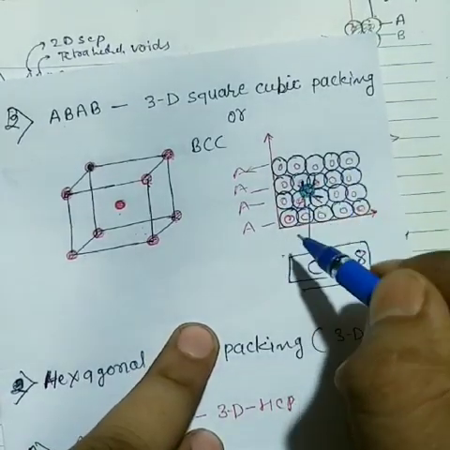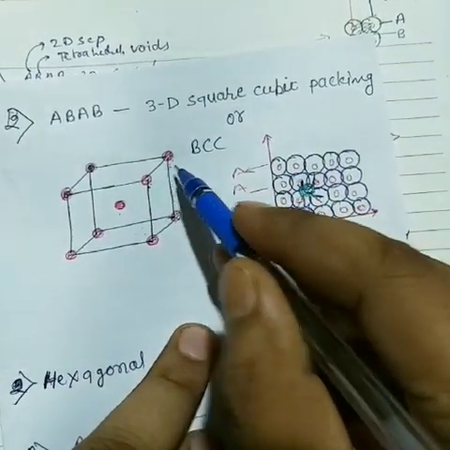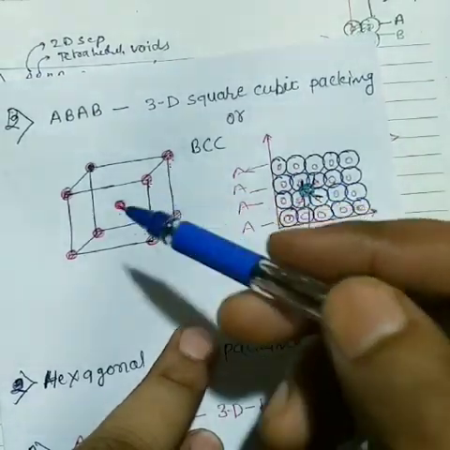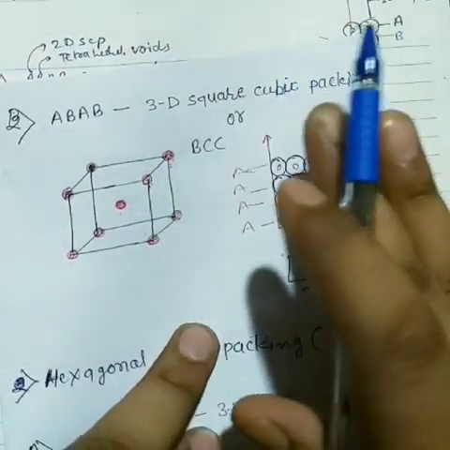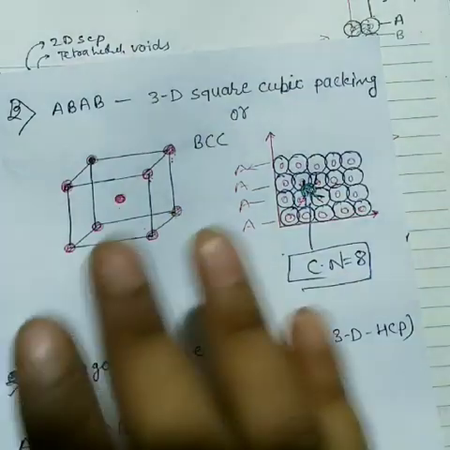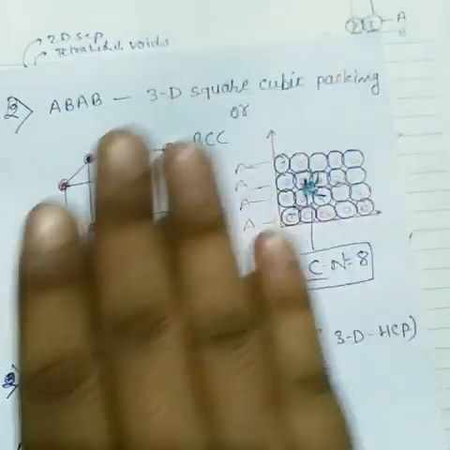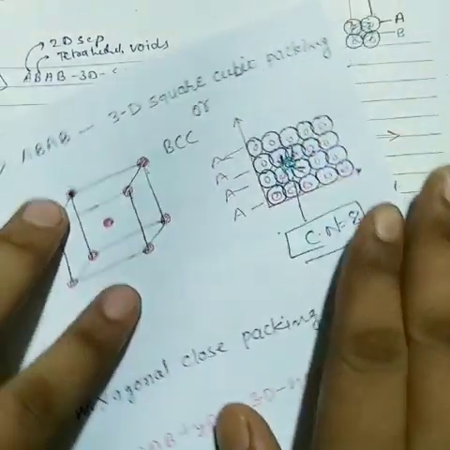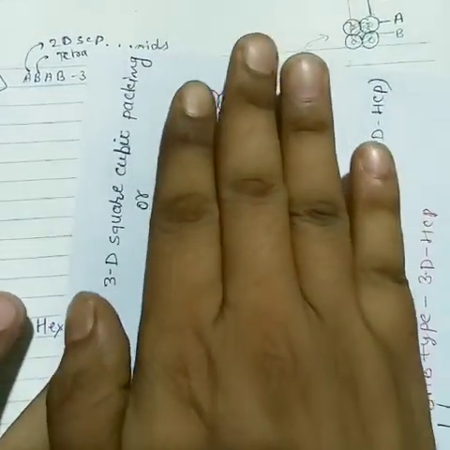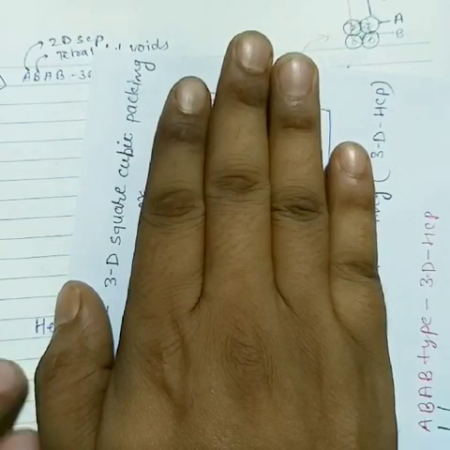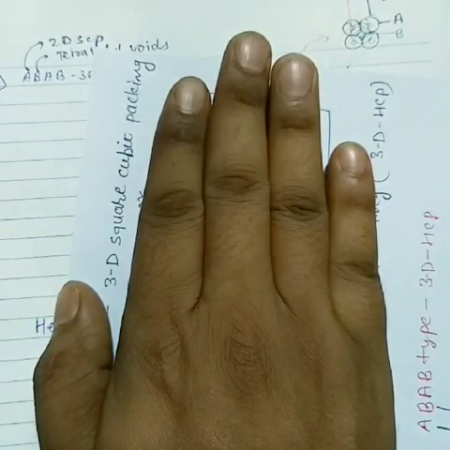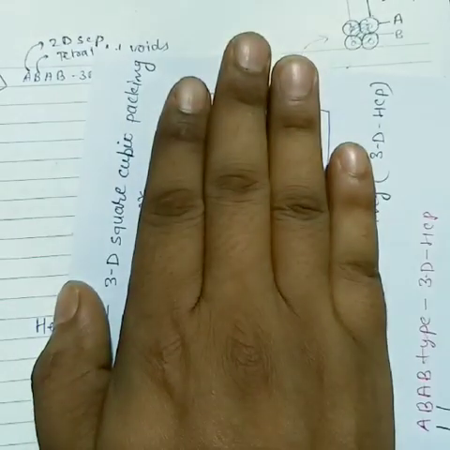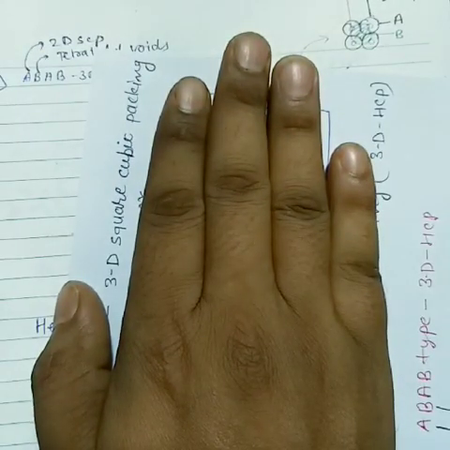Now black balls have the below faces, and red balls are just above. Suppose my forefinger has the first row. I am doing it like this, and these are placed just above, in between of one atom.